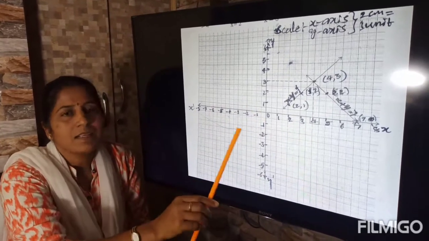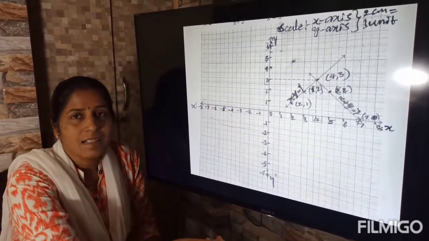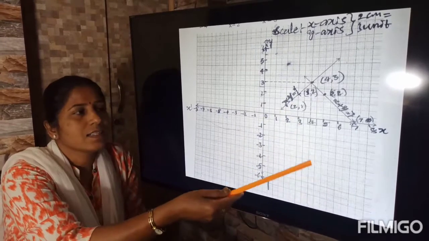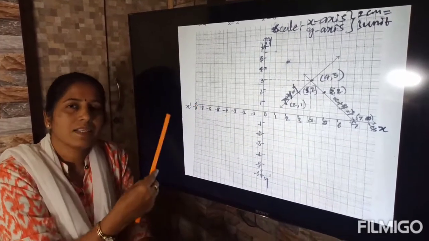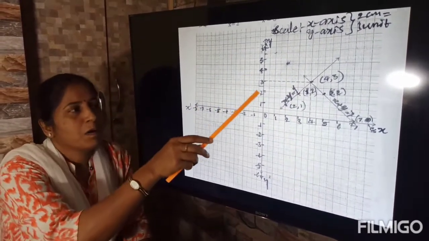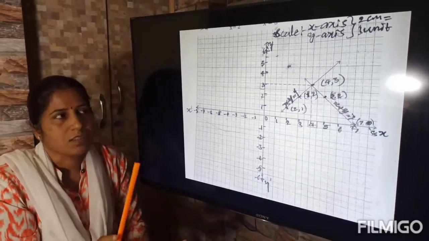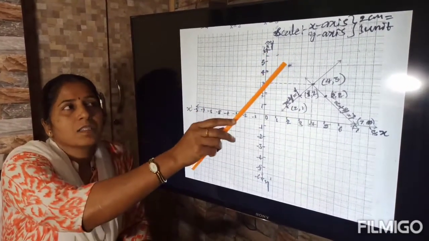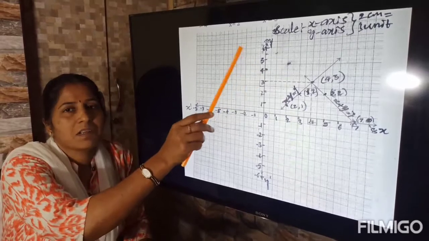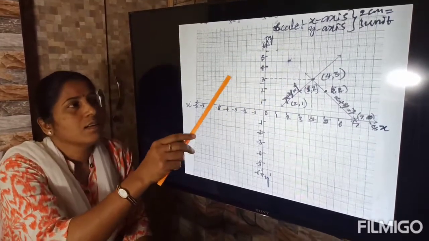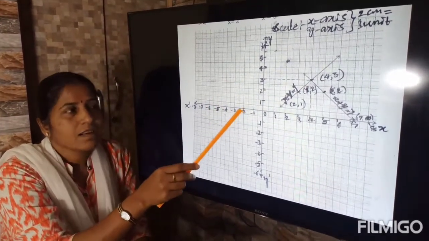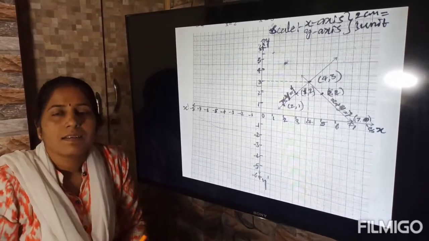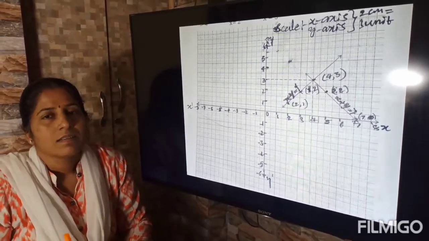Then on the x-axis, right side from 0 is positive numbers, left side negative numbers, up positive numbers, down negative numbers. Then take your convenient scale according to what you prefer, and mark the numbers.